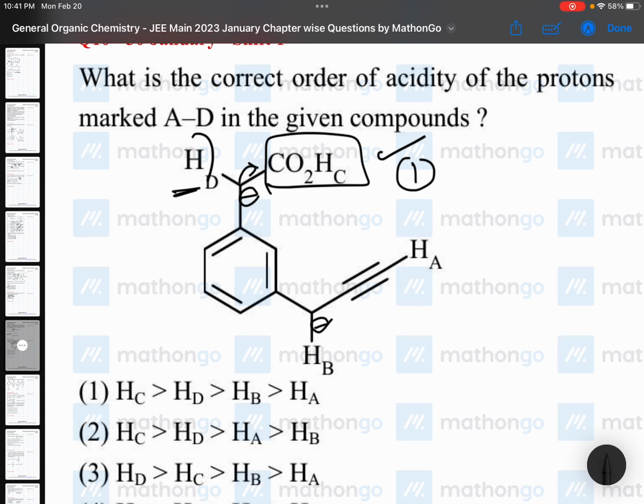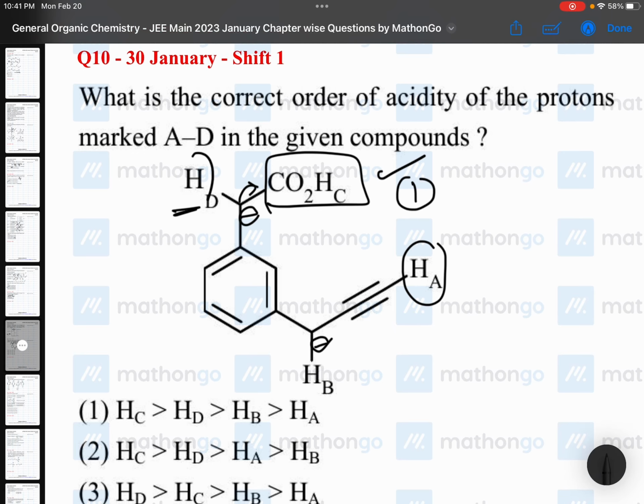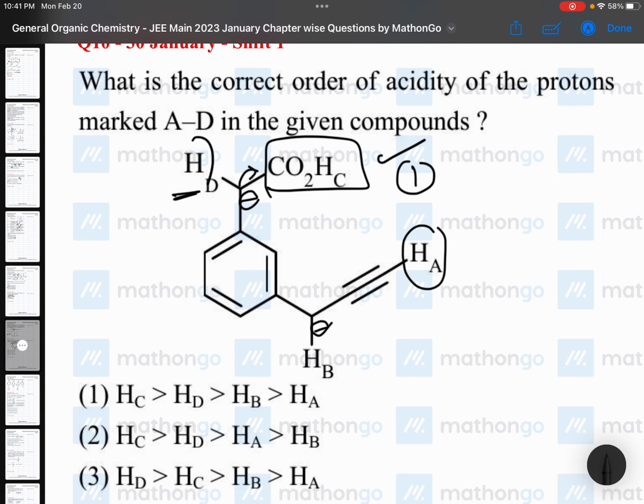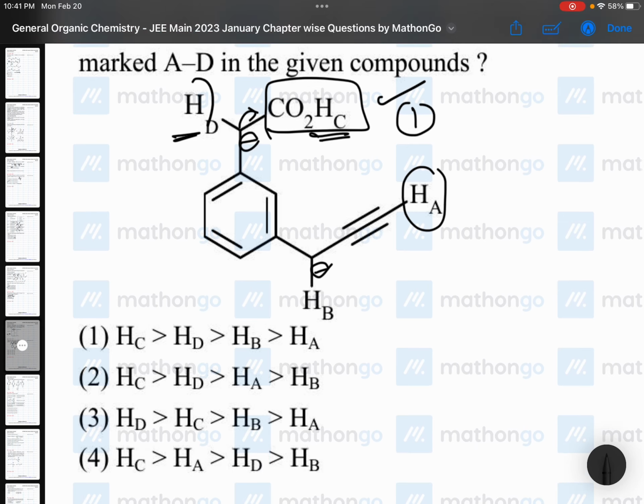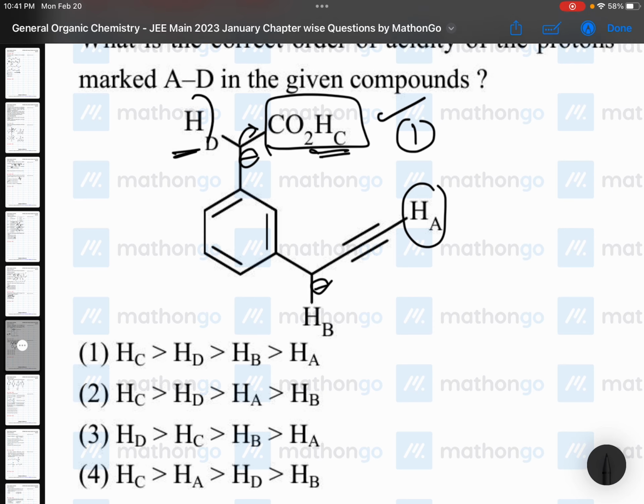That negative charge here. And this is a triply bonded carbon atom. Triply bonded carbon contains hydrogen which is acidic in nature. So B is best. Sorry, C is best. C is best. How many options are there? C options are there. And B is worst. So this one.